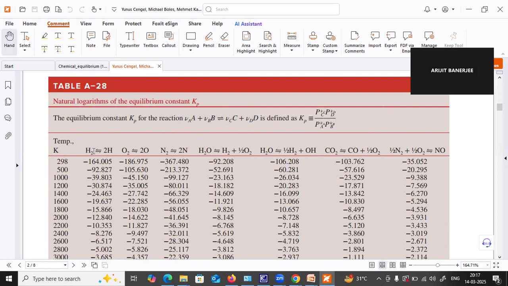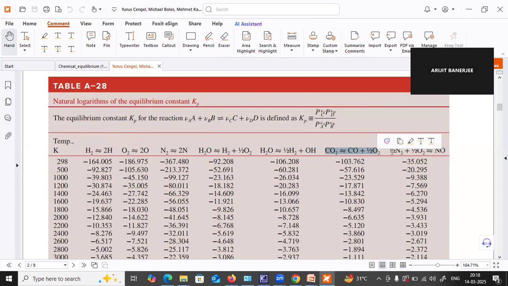This is dissociation of hydrogen, this is dissociation of oxygen, dissociation of H2O into hydrogen and oxygen. H2O can also be dissociated to hydrogen and hydroxyl radical. CO2 gives CO plus O2, like that.